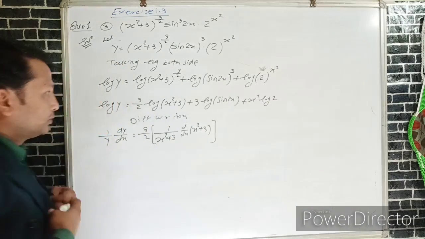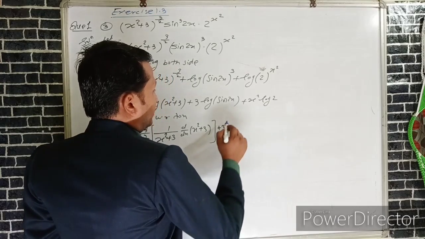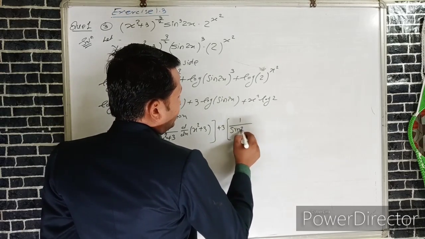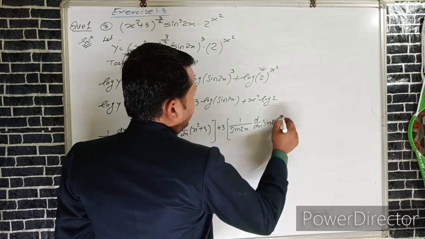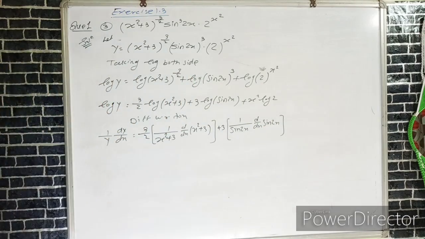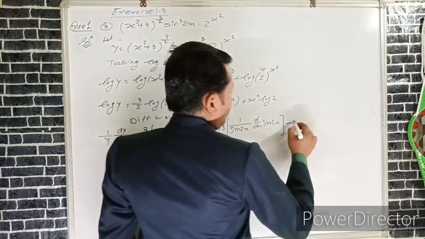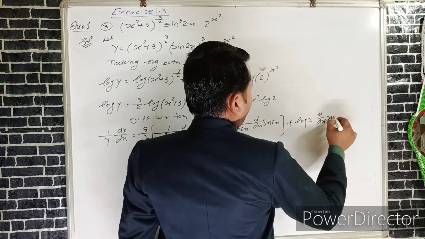The second term, here 3 is a constant. We can write the derivative of log of sine 2x is 1 upon sine 2x, and we take again a derivative of sine 2x. After that, here again log 2 is a constant, and we take a derivative of x square.